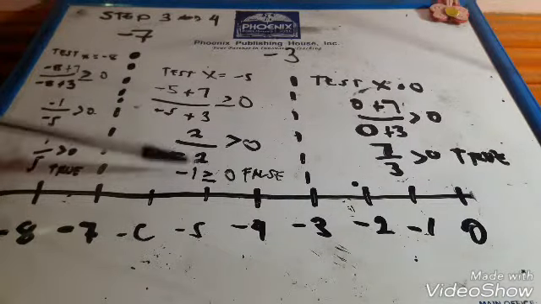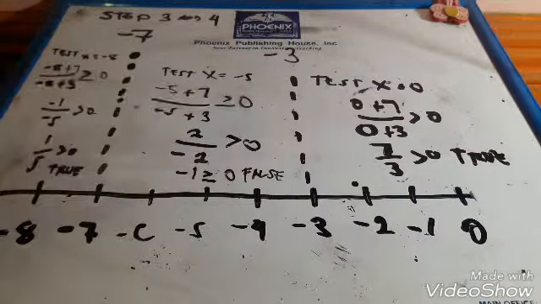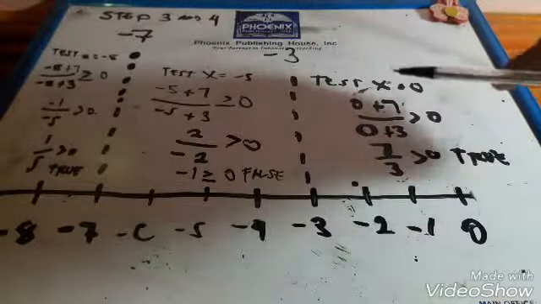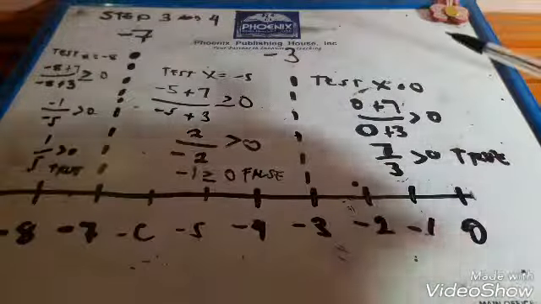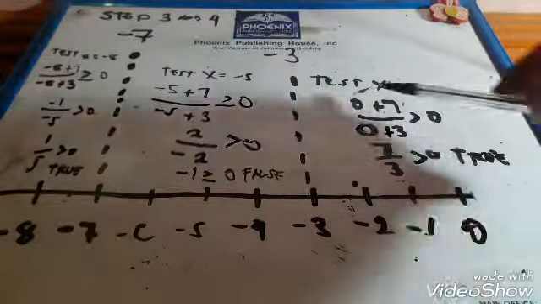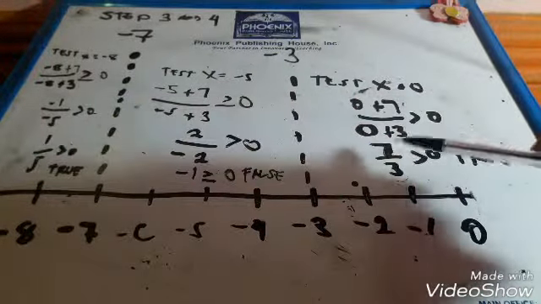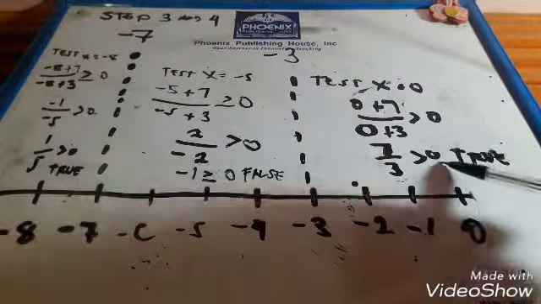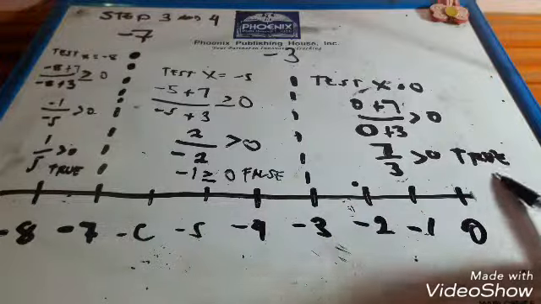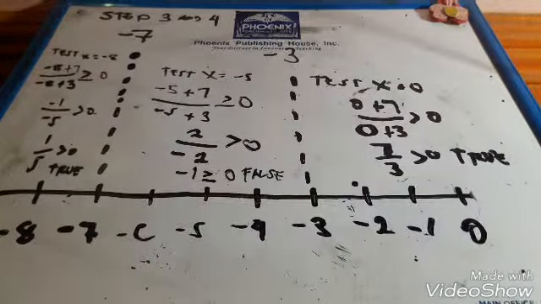Negative 1 is not greater than 0. And the last is let's test the 0. So the equation is this. Let's change the value of x to 0, and the result is 7/3 greater than 0. So it's true.